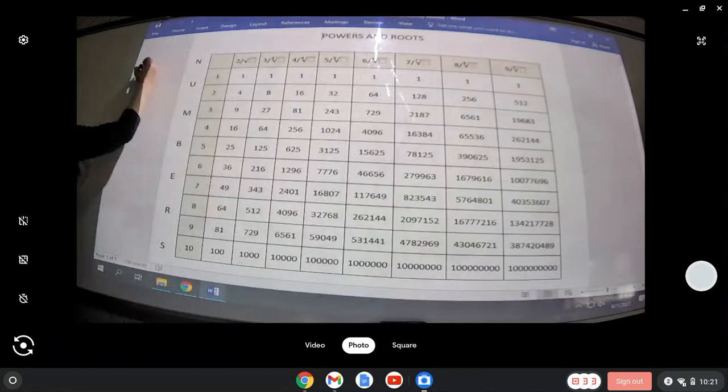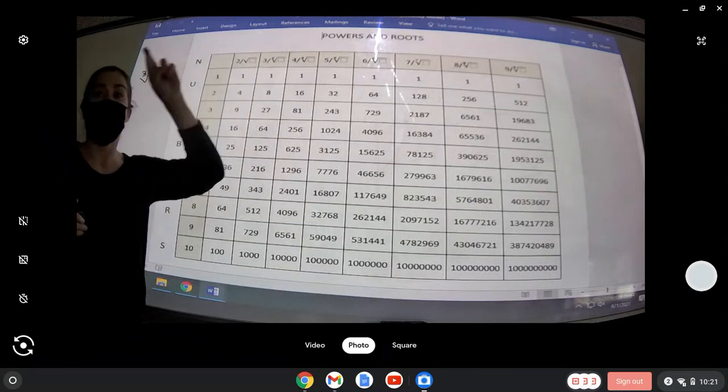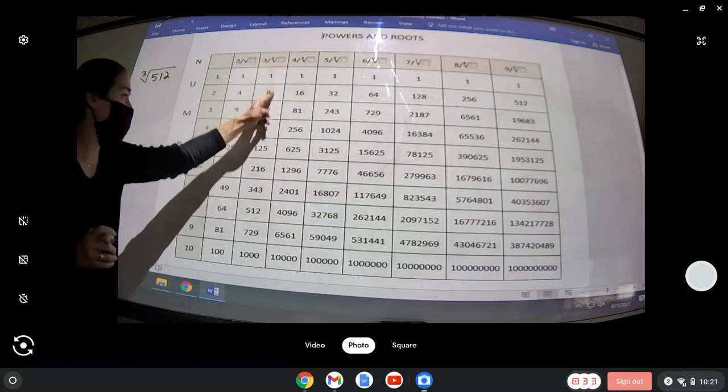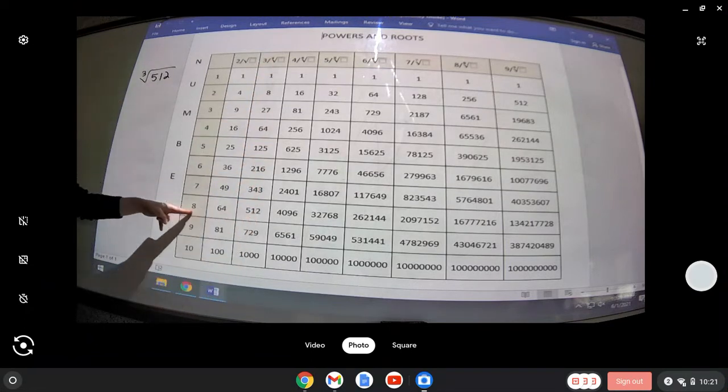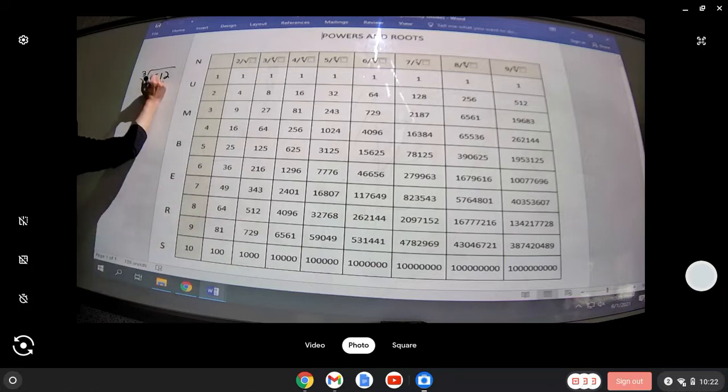We've been asked to find the third root of 512, right? So go to your third root column, cross your fingers that there's a 512 somewhere. And there it is. Take 512 all the way back to the left, and what number do you land on? 8. So the third root of 512 is 8.